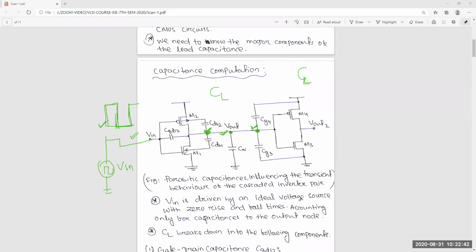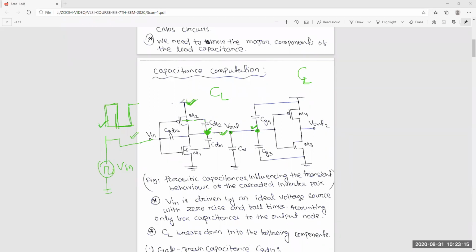So what are the capacitances? The first capacitance is at this drain node, bulk to drain. This is one capacitance, and again for NMOS, this is drain to bulk. The bulk is connected to ground, and this is also VDD, and for small signal it is 0.